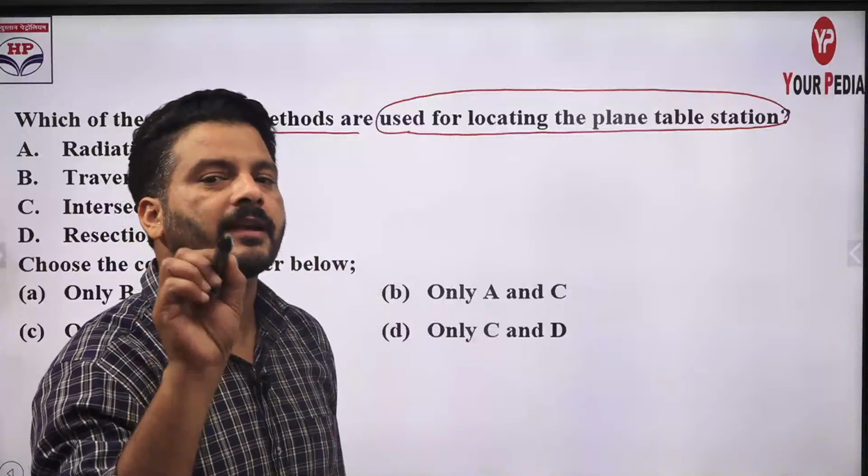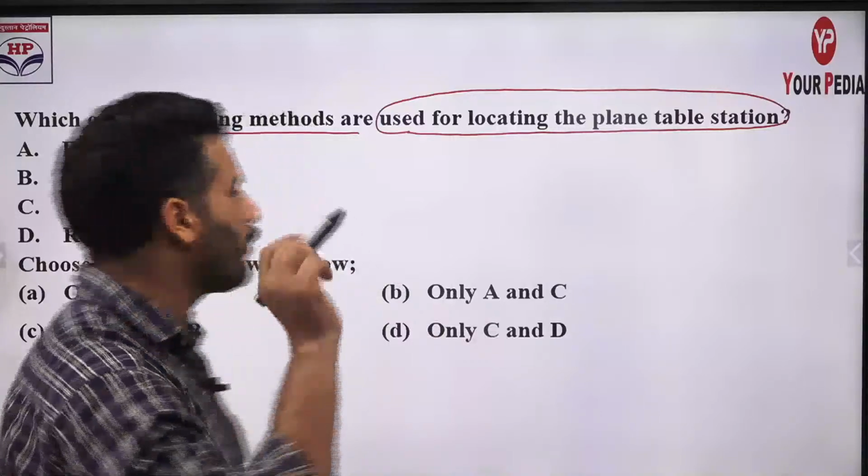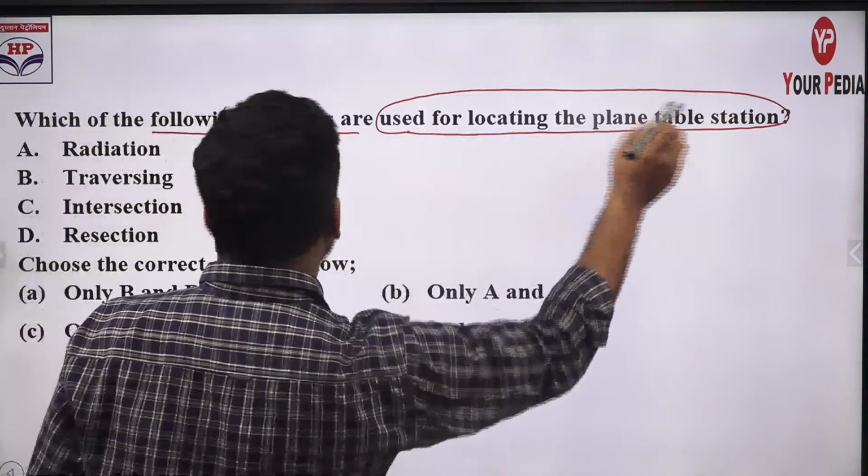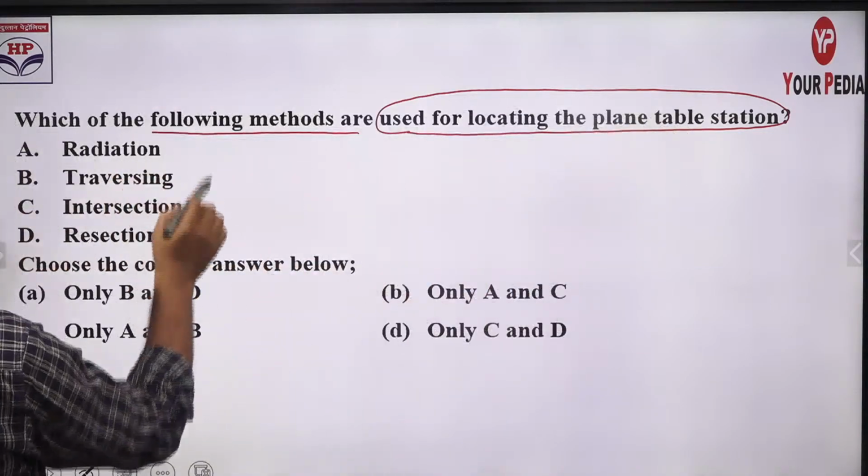If it is written as method to locate the point, definitely you will proceed with the radiation and intersection methods. If it is written here used for locating the points, then radiation and intersection will be the answer.